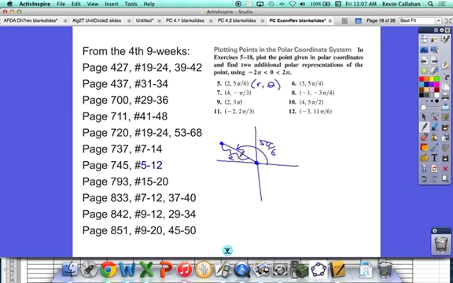Now between negative 2 pi and 2 pi, how can I find other representations for the same point? How could I find the coterminal angle between negative 2 pi and 0? Subtract 2 pi. Subtract means go this way. So what is this angle here? If you go in a negative direction, how would you have called that angle?